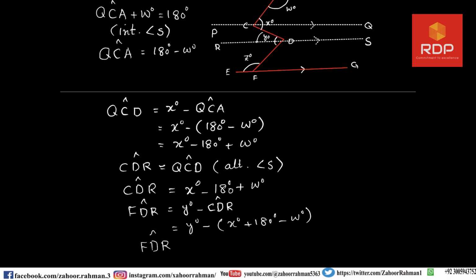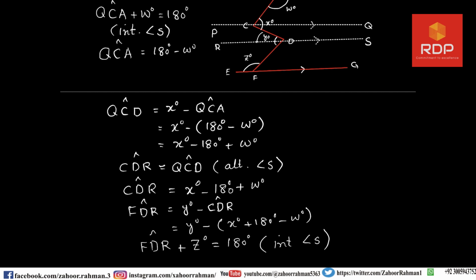FDR plus z degree is equal to 180 degree, and that is due to the interior angles theorem.